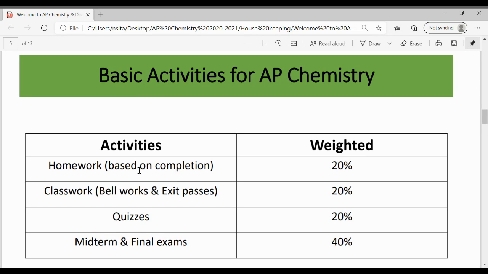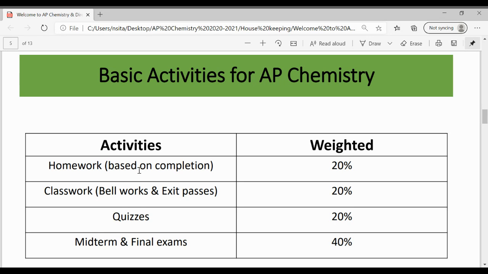Now, what do we do in AP Chem? Of course, we have homework. Some people asked me today how we're going to do the homework. I will post the homework in two formats, PDF and Word. Whatever you feel comfortable with, if you want to work in Word and type in your answers, be my guest. Download it, type your answers in, save it, and send it back to me.